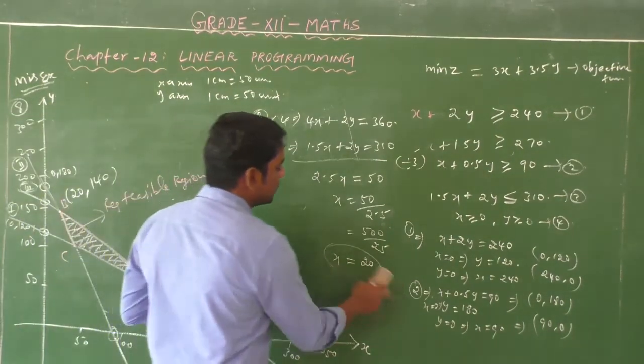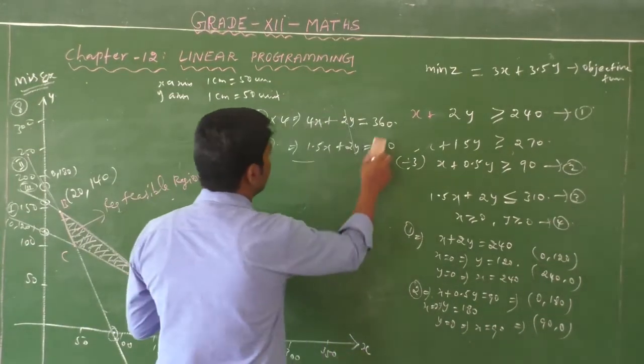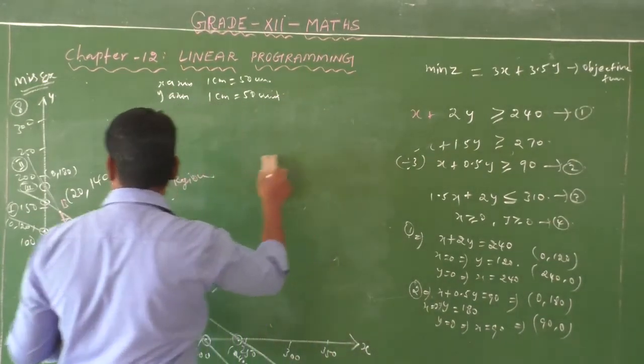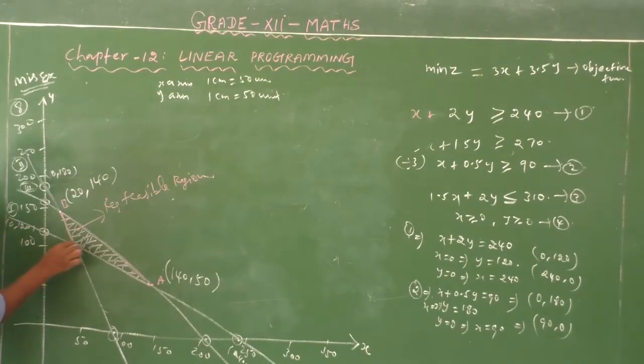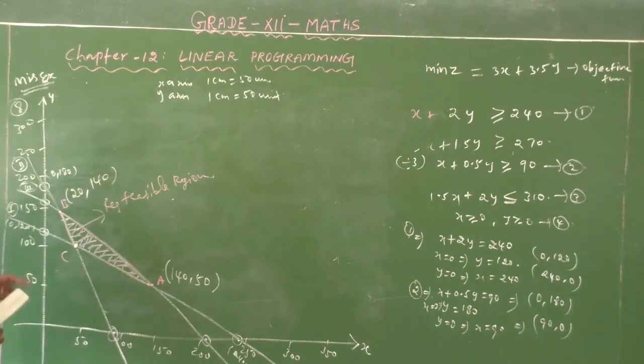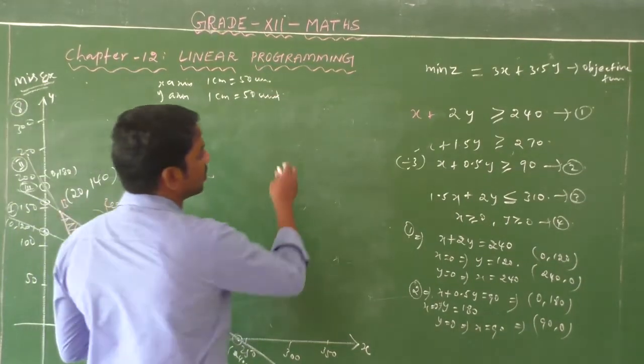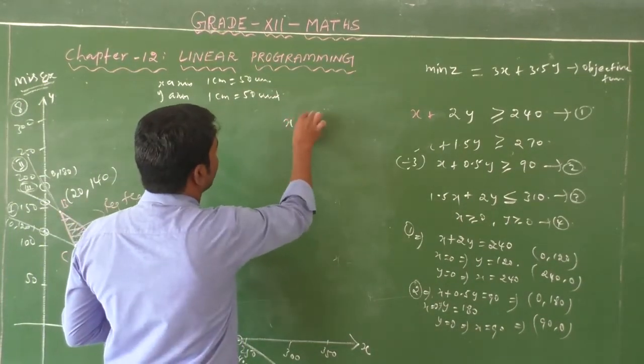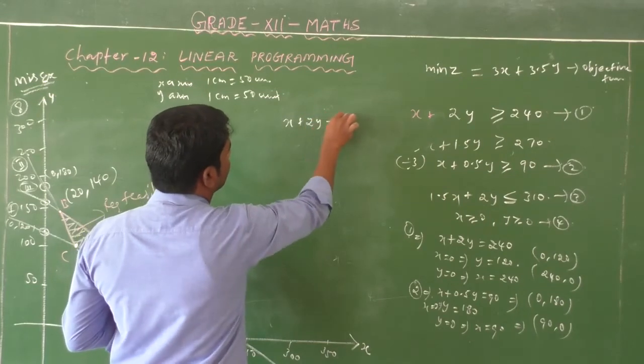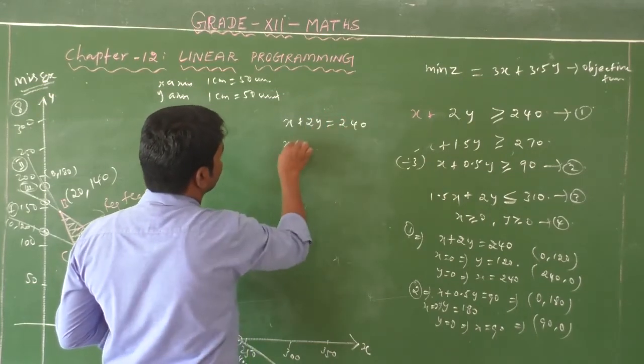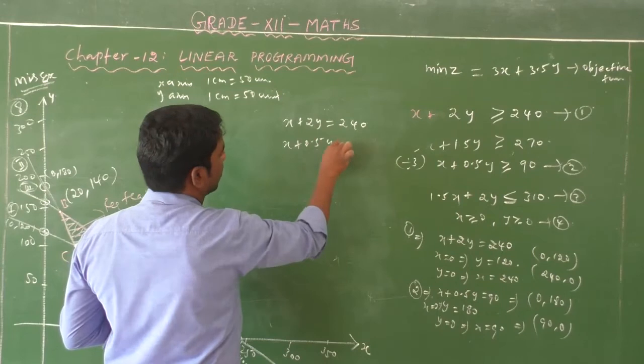Next find the point C. Listen, the point C is the intersection of the first line and the second line. So solve the first equation and the second equation. The first equation is x plus 2y equal to 240, and the second equation is x plus 0.5y equal to 90.